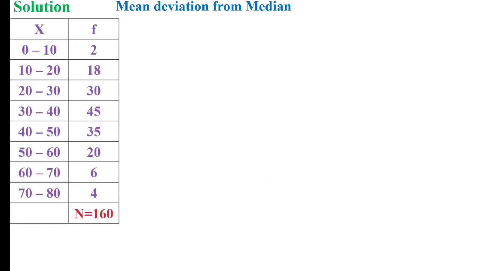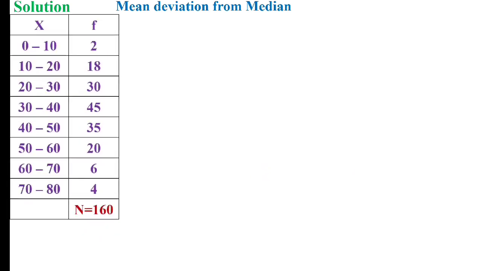Median means we know the values will be written in vertical format; n equals 160. For the median we need to find the cumulative frequency column.